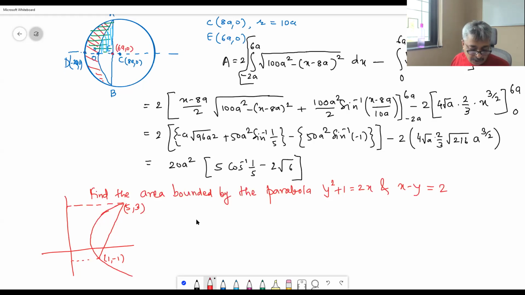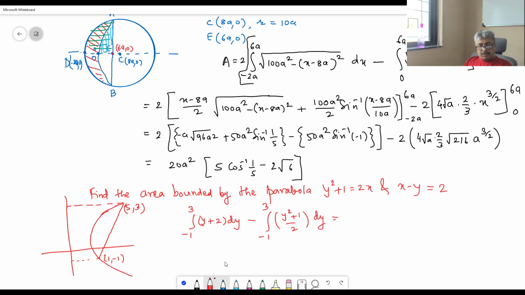Okay, so the total area is the integral from minus 1 to 3, that is the y coordinates. The straight line given is x is equal to y plus 2 dy, minus the integral minus 1 to 3 of x is equal to y square plus 1 by 2 dy.